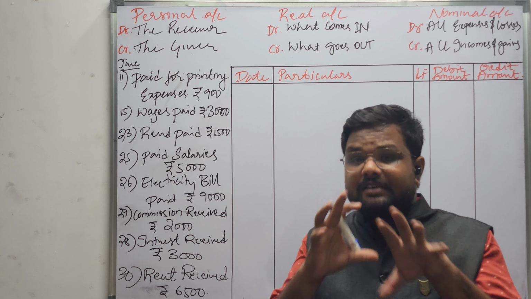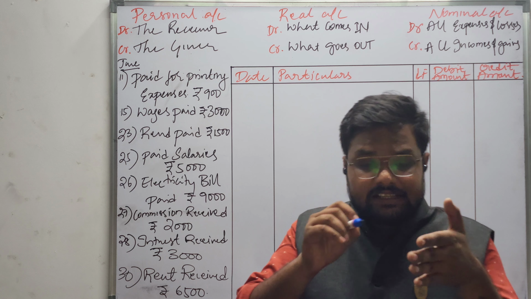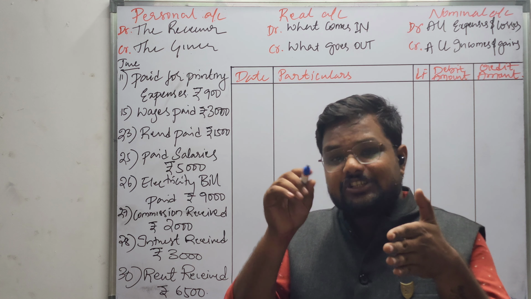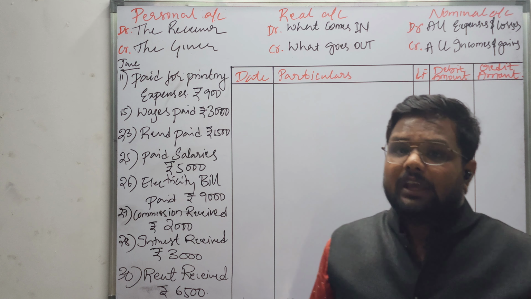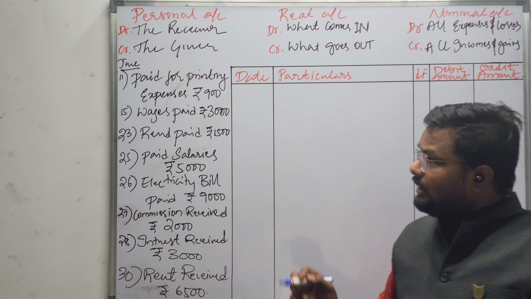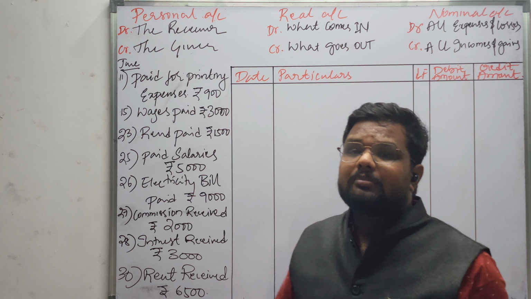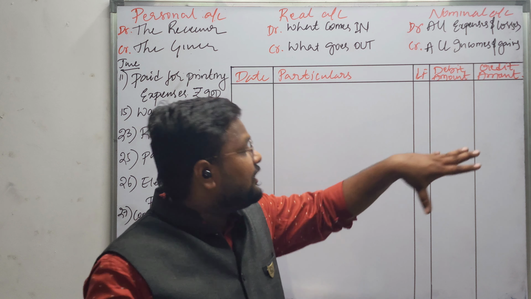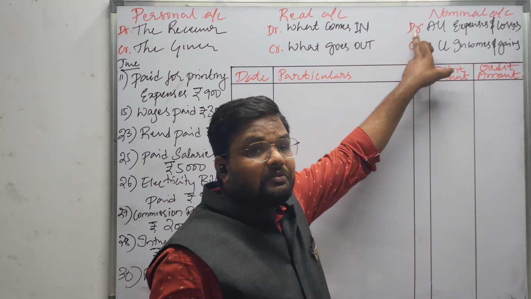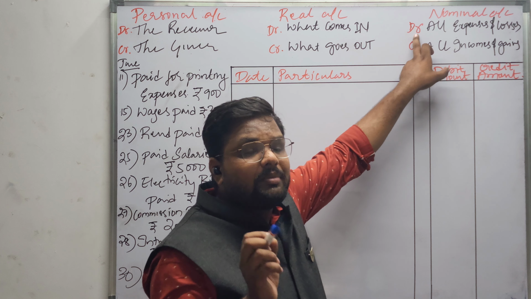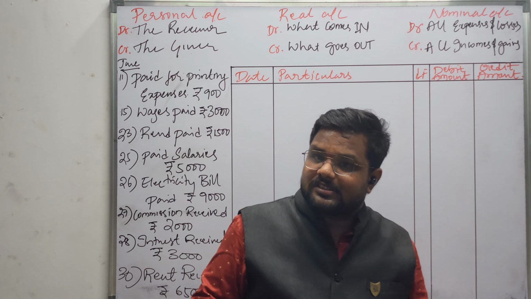Whenever we pay any expense, our money, that is cash, is going out of the business. This is an expenditure, and the nominal account talks about expenditures. According to the nominal account, what should be debited? Debit all expenses and losses.